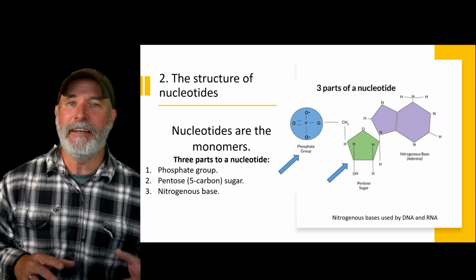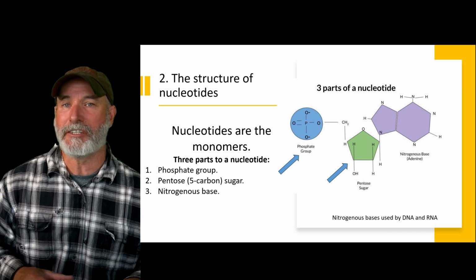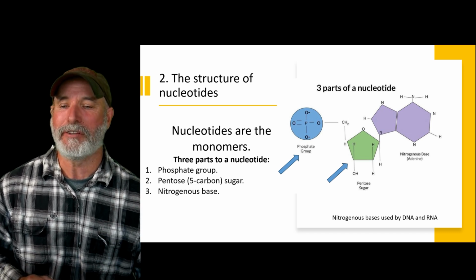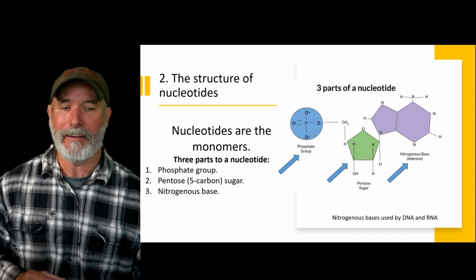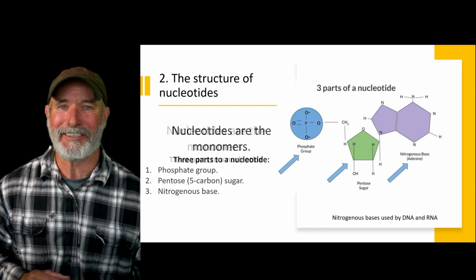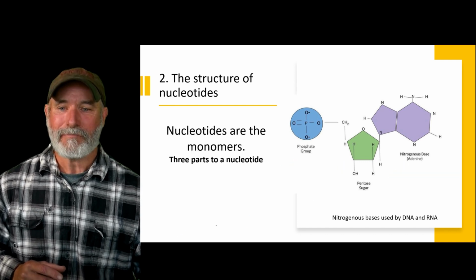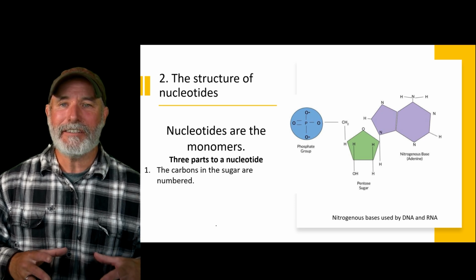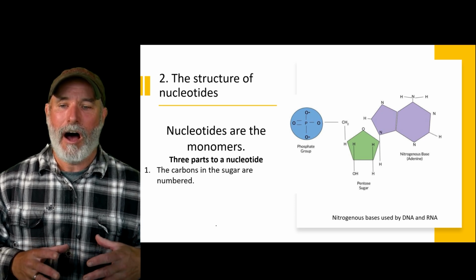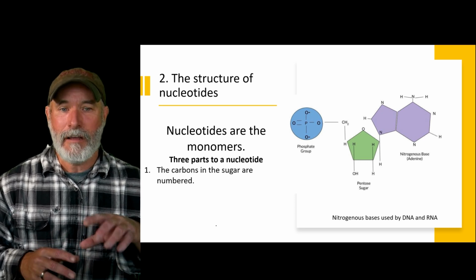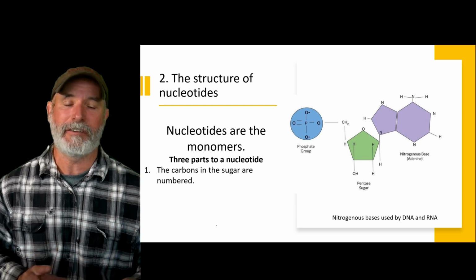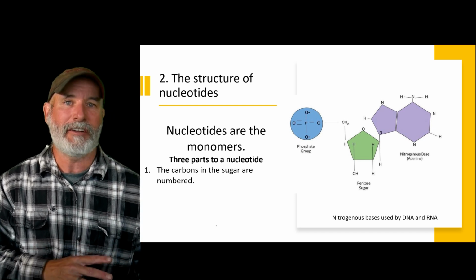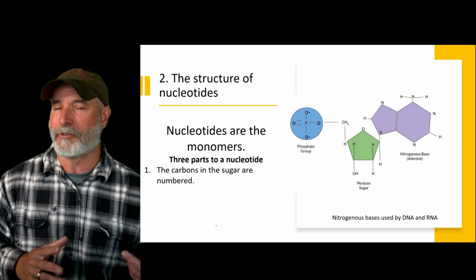And then we have one of the nitrogenous bases. DNA and RNA both have 4 nitrogenous bases, but there's a difference between them as well. And there's our nitrogenous base. You can see the nitrogen in there. So in these nucleotides, the carbons in both the nitrogenous base and the sugar are all numbered. If they're in the nitrogenous base, they're numbered 1, 2, 3, 4, and 5.